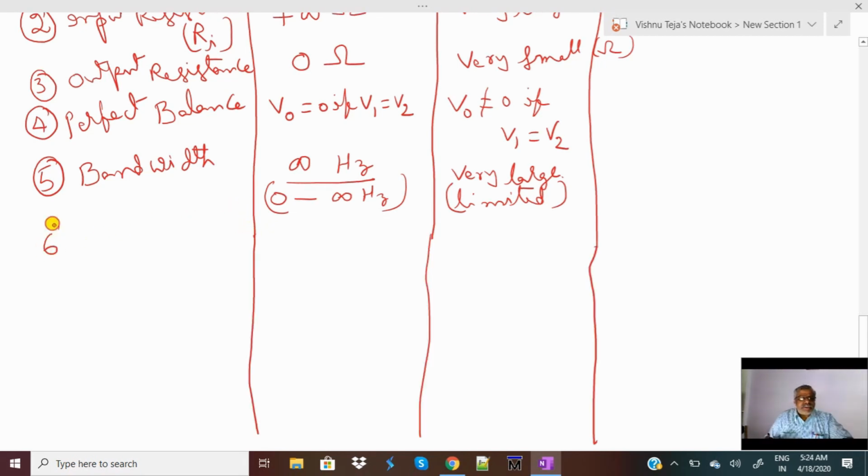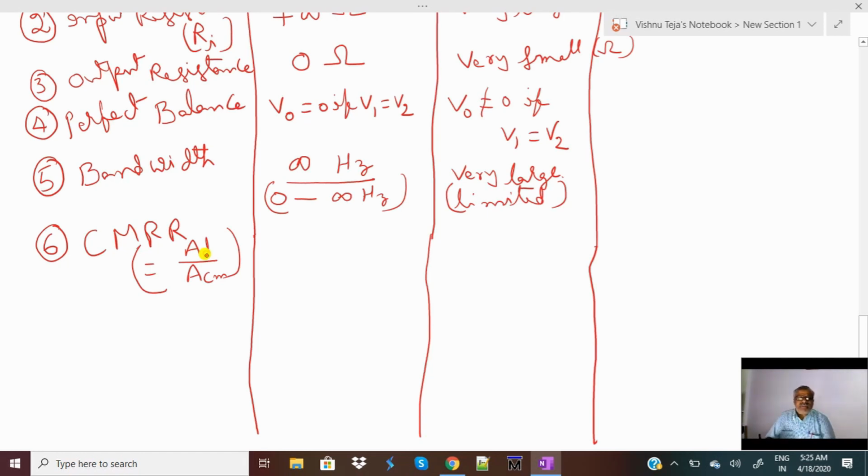The next parameter is CMRR, which is another very important parameter of the operational amplifier. CMRR stands for common mode rejection ratio, and it is defined as the ratio of differential gain to the common mode gain. This tells how much of the differential input is amplified.